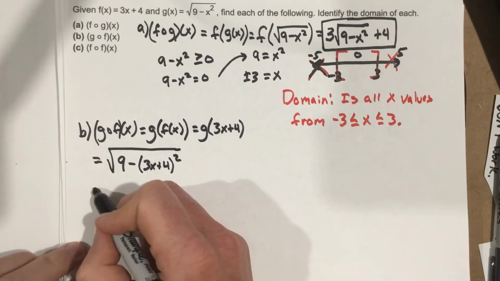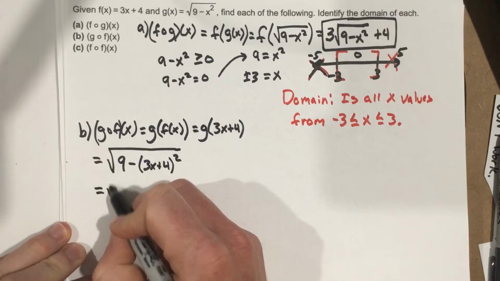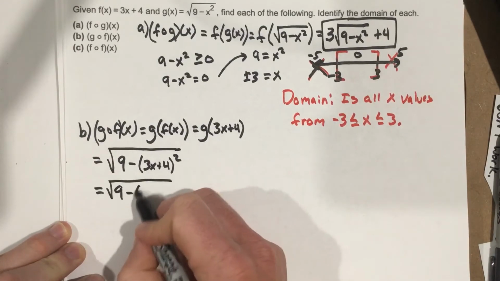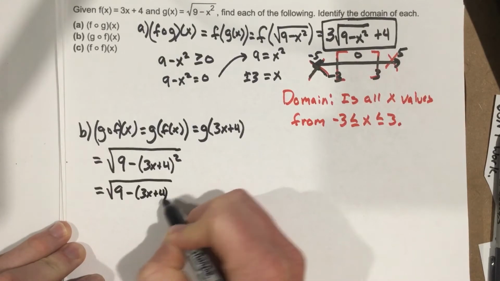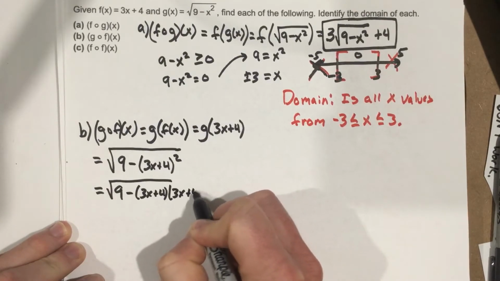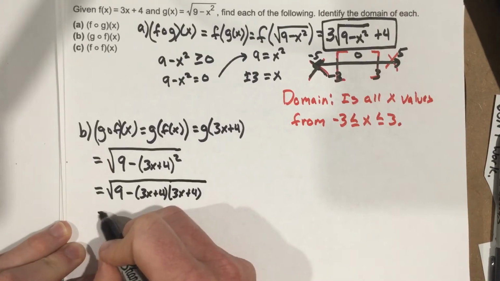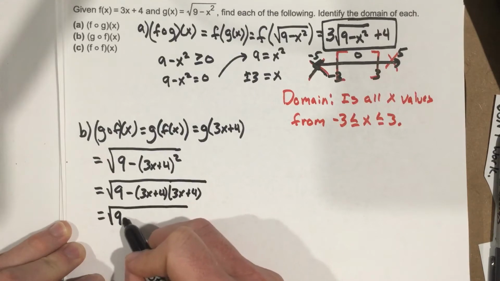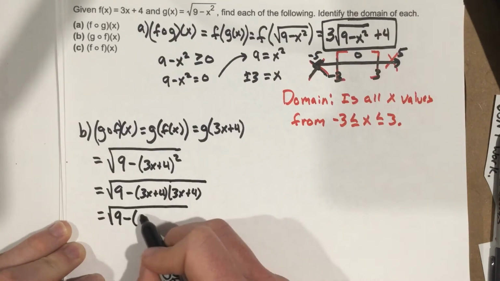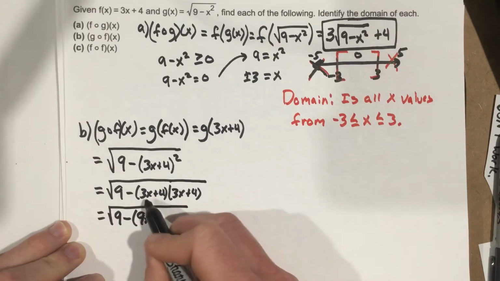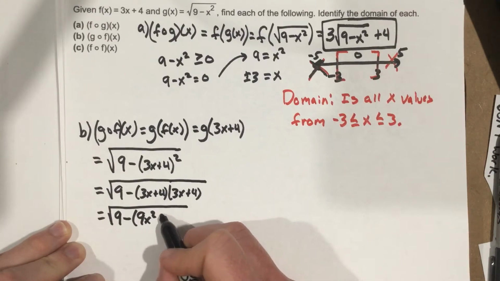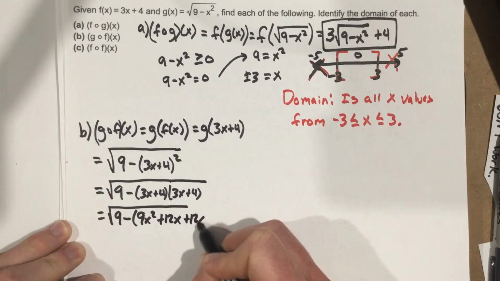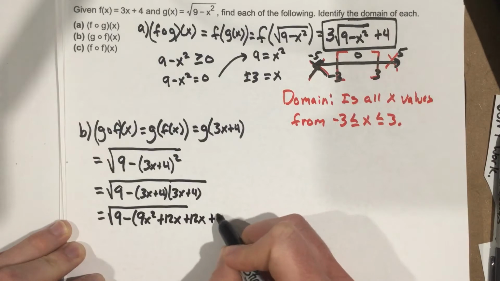So I'm going to say that that equals root 9 minus, this would give you 3x plus 4 times 3x plus 4, which is equal to root 9 minus, this will be 3x times 3x, which is 9x squared, 3x times 4, which is 12x, 4 times 3x, which is also 12x, and 4 times 4, which is 16.